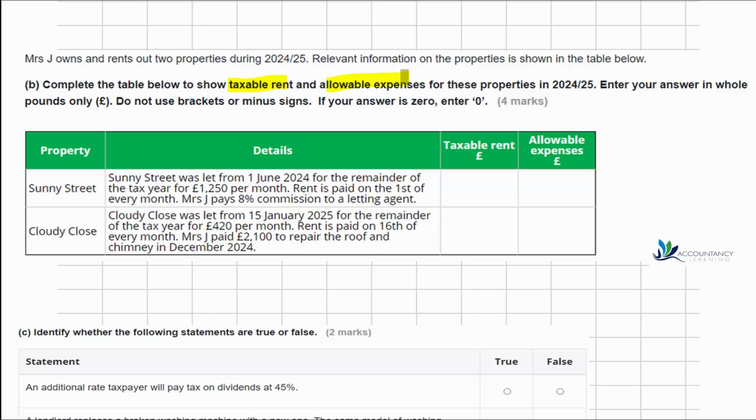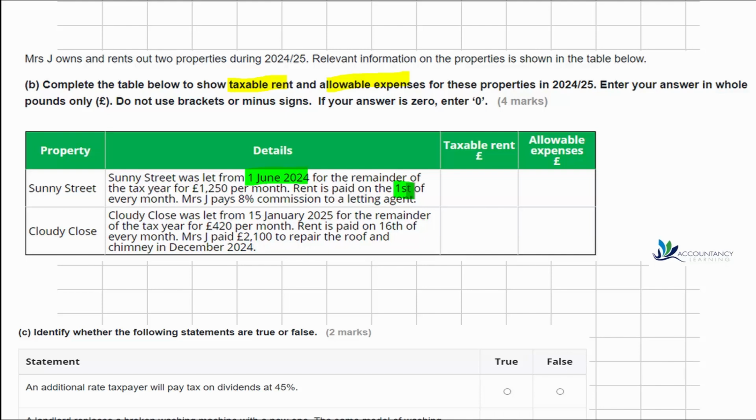So for the first one then, Sunny Street was let from the 1st of June 2024 for the remainder of the tax year for £1,250 per month. Rent is paid on the 1st of every month. Now that's significant because for property income, we do this on the cash basis. So our tax year finishes on the 5th of April, doesn't it?